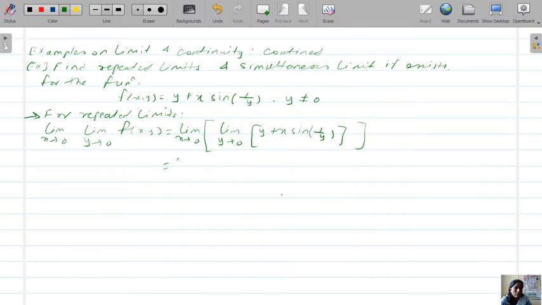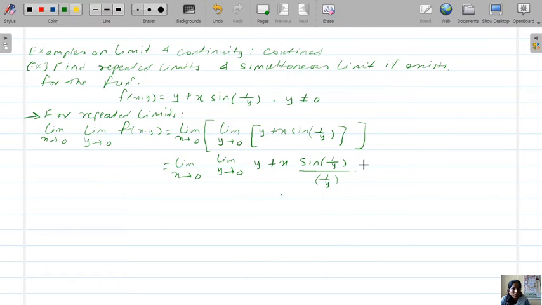So outer limit as it is, first evaluate the inner limit. So limit x tends to 0, now limit y tends to 0, y plus x sine 1 upon y, and I am going to adjust here 1 upon y.